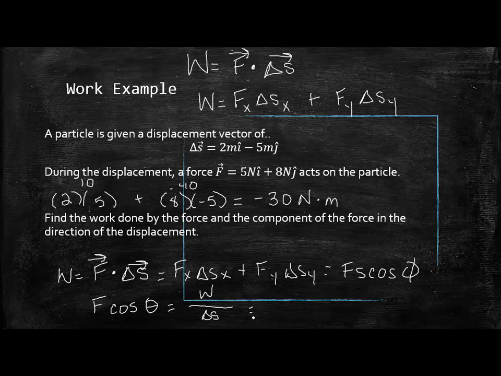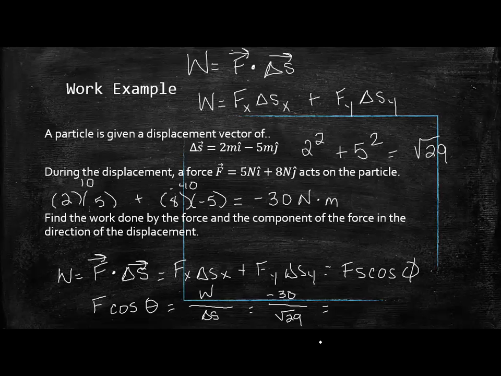So in this case, our work is already solved for. We have negative 30. Now our displacement vector here, remember we want to find the magnitude of this vector. So that means that we have to do our Pythagorean here with our vector components. So that ends up being the square root of 29.